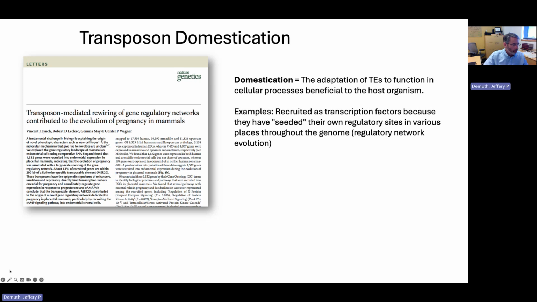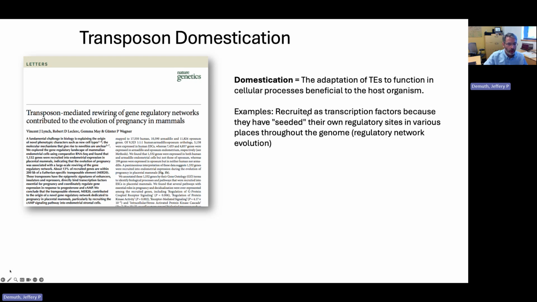Last note here on sort of the history of what we know and what transposons are. They're not all bad. So I wanted to make a point to say there is something called transposon domestication, which is when TEs adapt to function in the cellular process of the host organism. There's a whole really interesting literature on this.